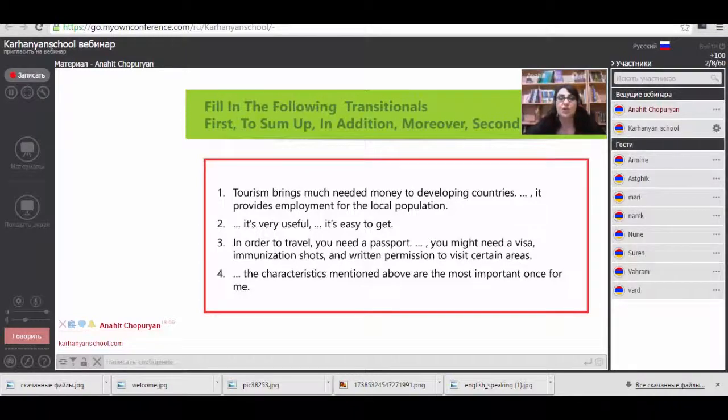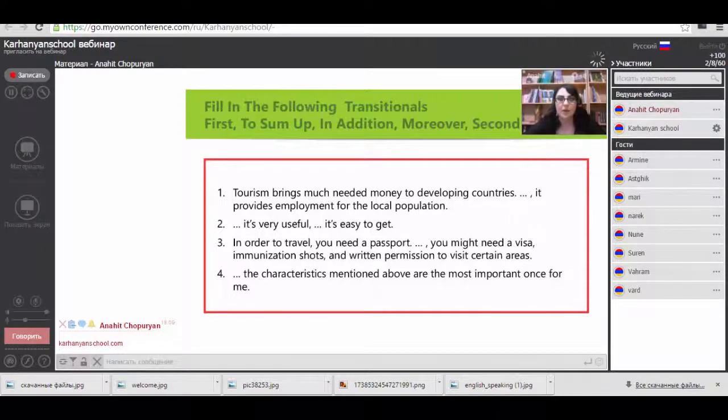In addition, you may need a visa. Yes? And number 4, you see that it is a concluding sentence. So the best word here can fit as to sum up the characteristics mentioned above, the most important ones for me. Okay? So these are how the transitions are used.